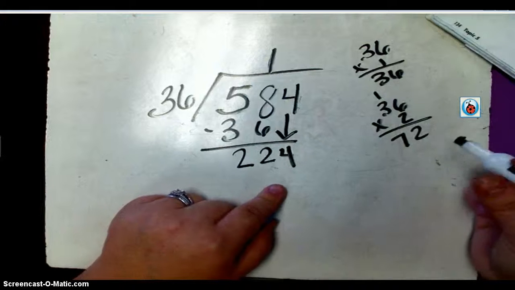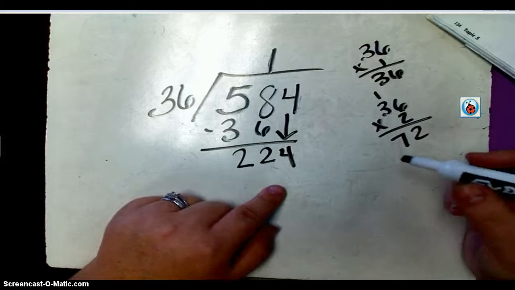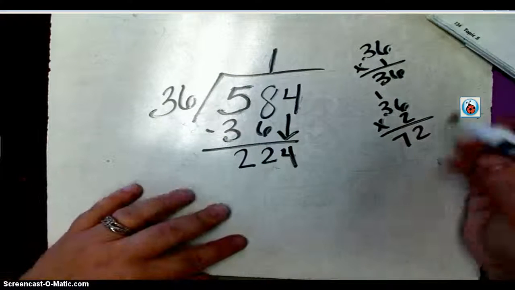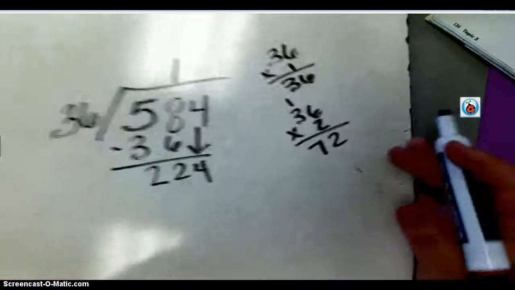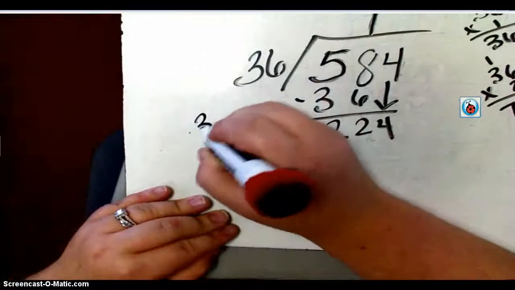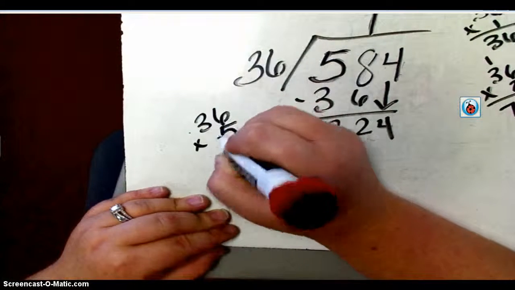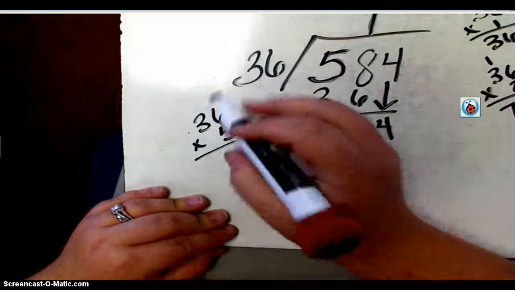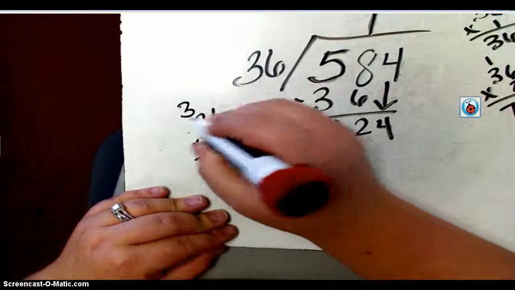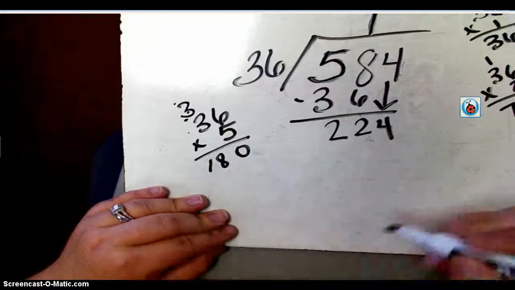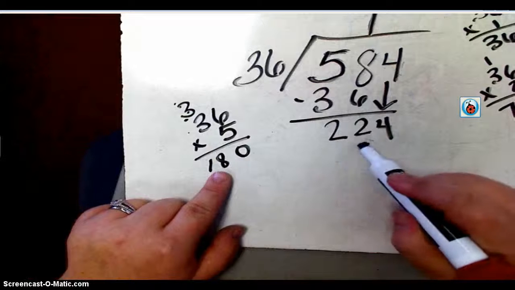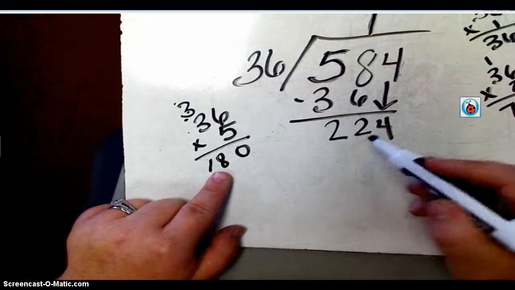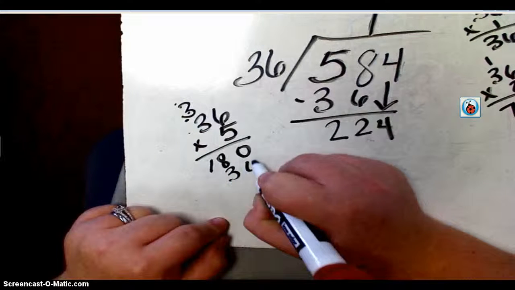Okay. If you're not certain, you can start guessing and checking over to the side. Okay. Starting with maybe 5. That gives me 180. If I compare 180 to 224, that lets me know it's probably going to go in there at least one more time.